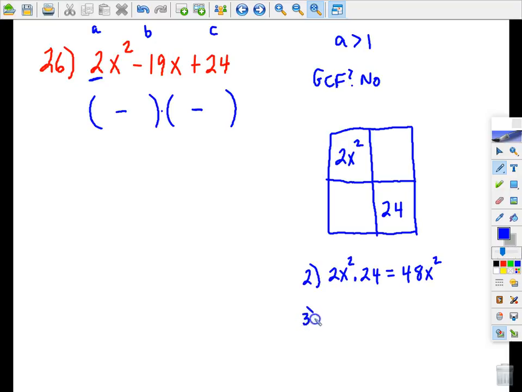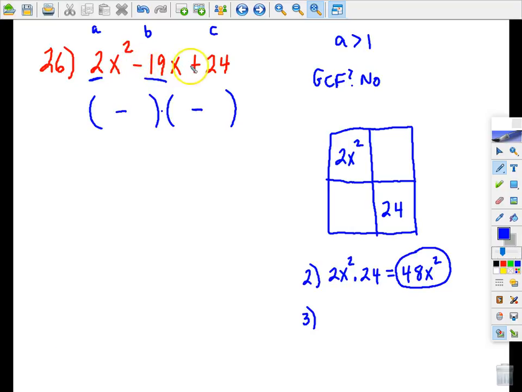Okay, so step 3 is the one that's going to probably cause you the most thinking. So what we're doing in step 3 is look at this product, 48x squared, and see if we can determine what the factors of this product are that would add up to 19x. Remember, in this case, I'm not worried about it being negative. The signs are all taken care of.